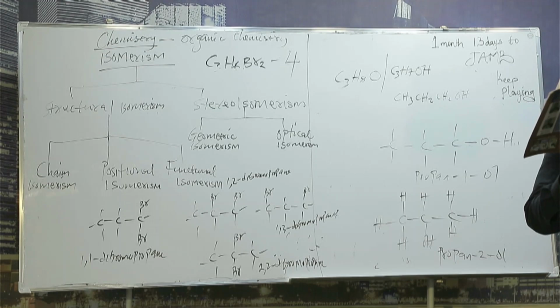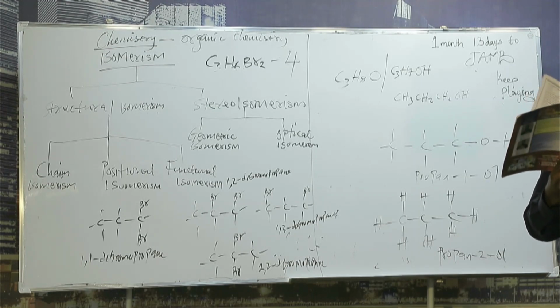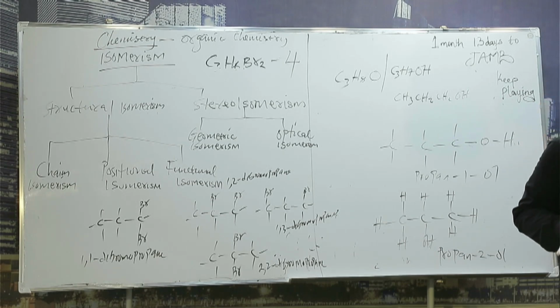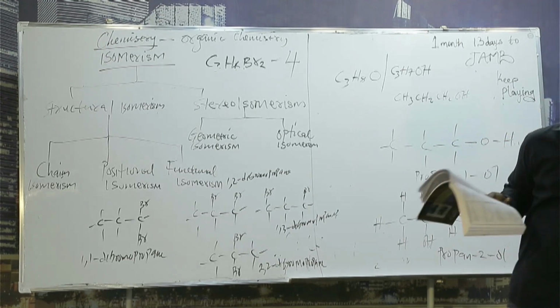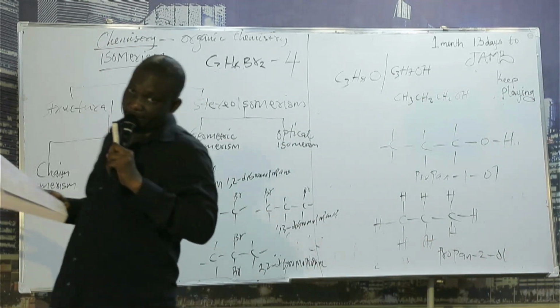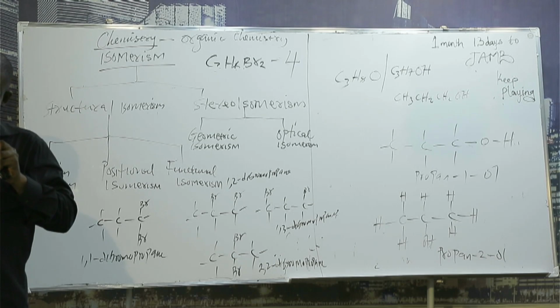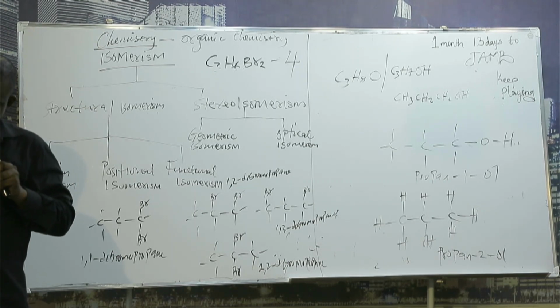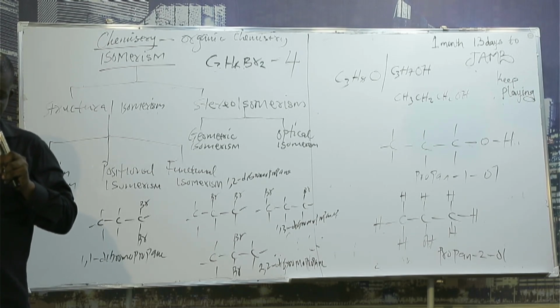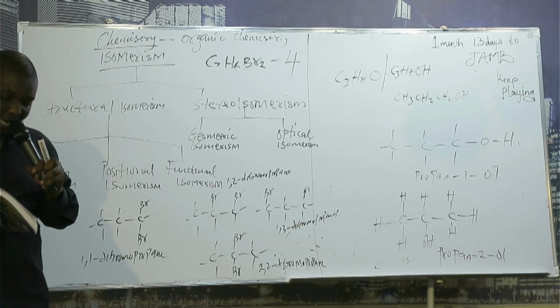How many structural isomers can be written for the alkyl bromide C4H9Br?